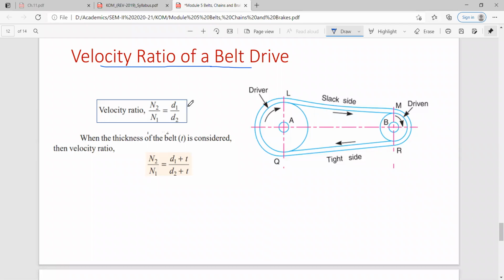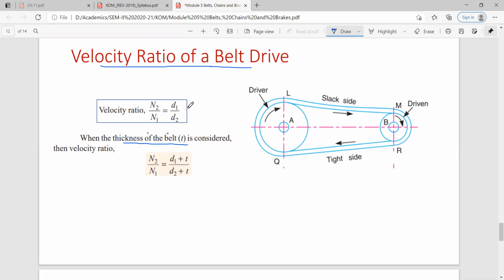In some problems the thickness of the belt is also given. So if the thickness of the belt is given, the velocity ratio formula can be modified as N2 upon N1 is equal to (D1 plus t) upon (D2 plus t).